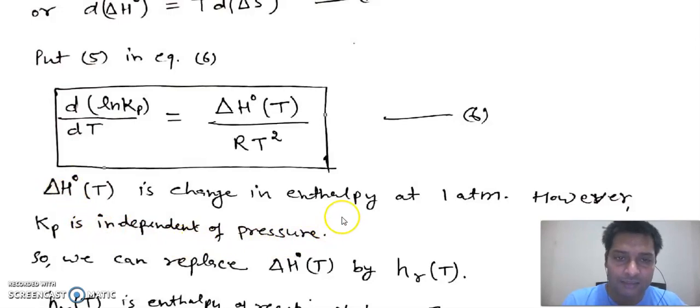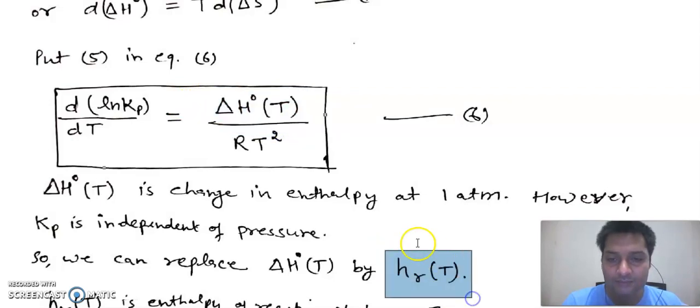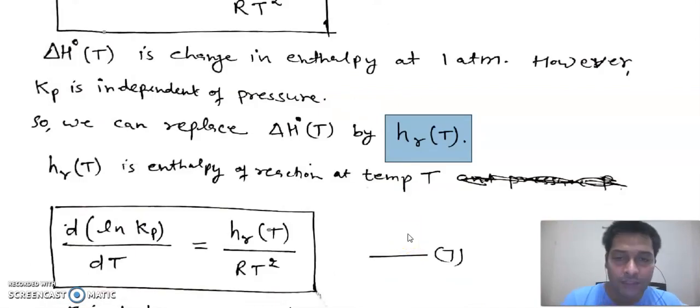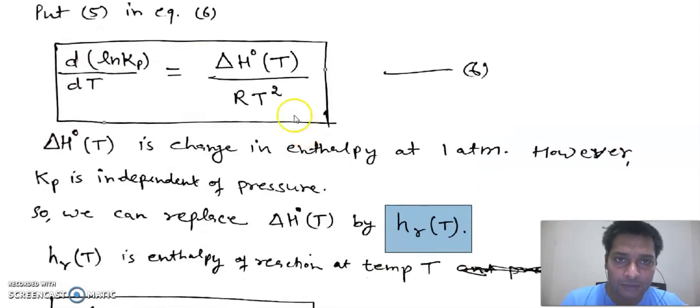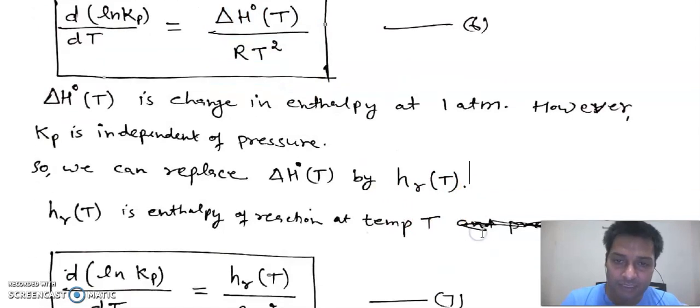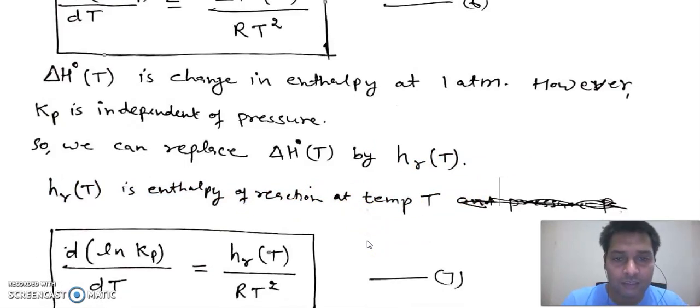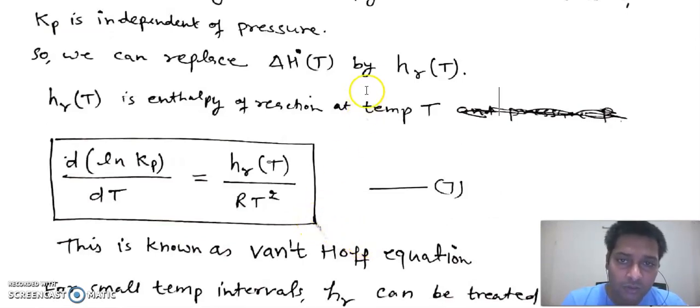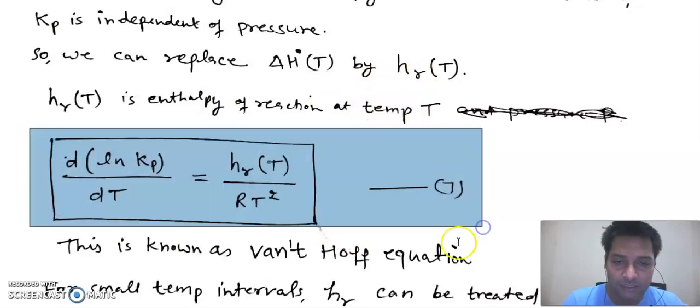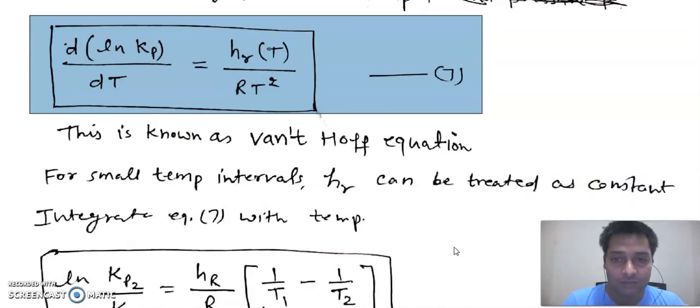So we can replace this delta H by a small h_R, which is the enthalpy of reaction at any temperature and pressure. Now if you replace this, finally you will get this equation, and this equation is called the Van 't Hoff equation.